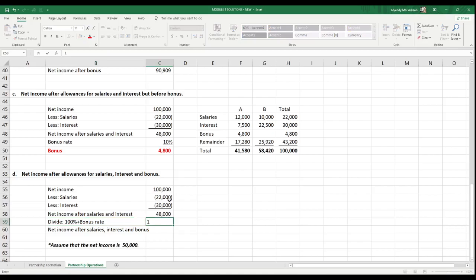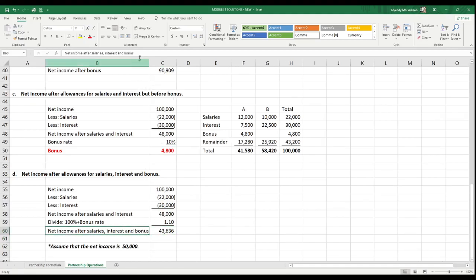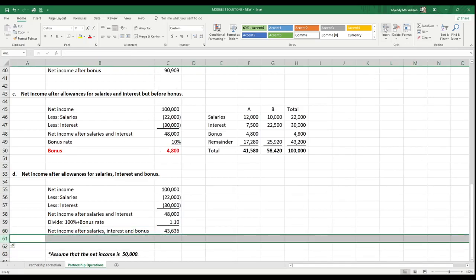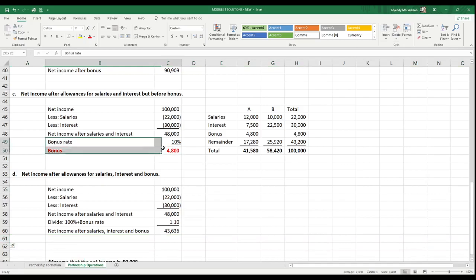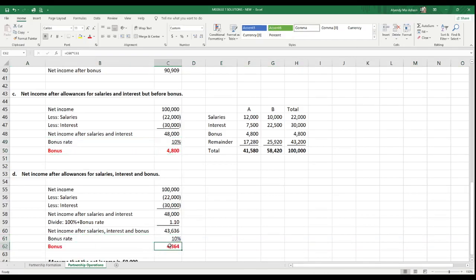That is 100% plus 10%, so that is 110% or 1.10. So you simply divide 48,000 by 1.10, and you get the net income after salaries, interest, and bonus of 43,636. This will now be the basis for the computation of our bonus. Simply multiply it by the bonus rate of 10%.